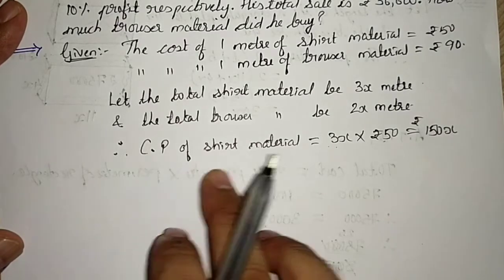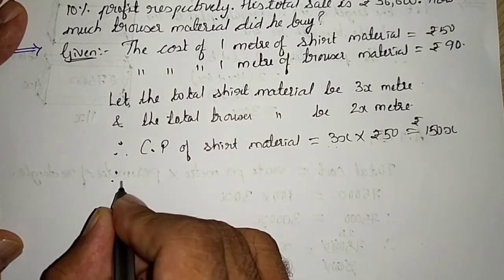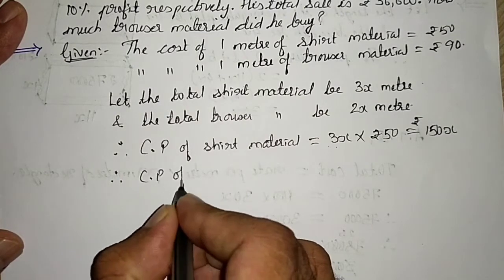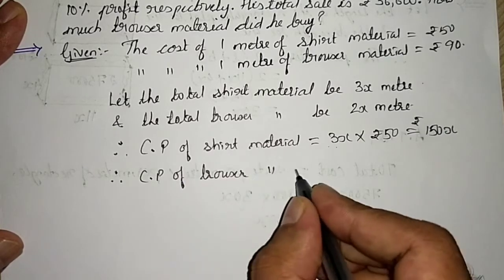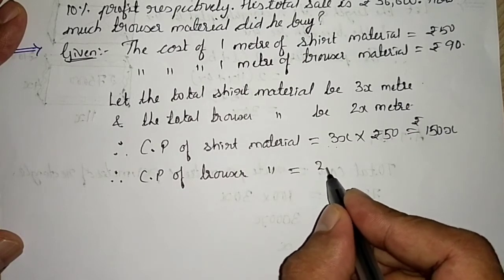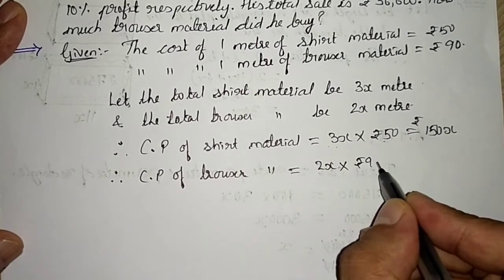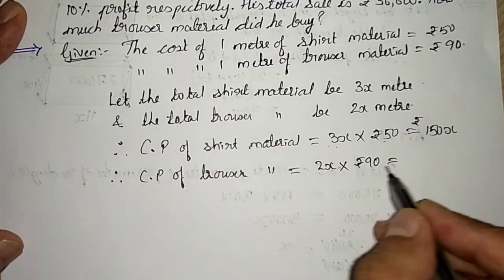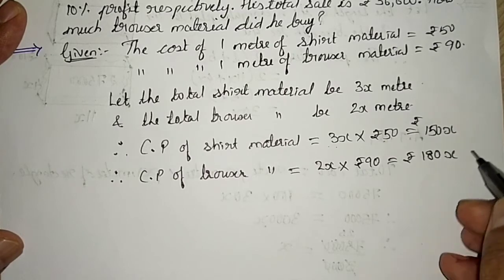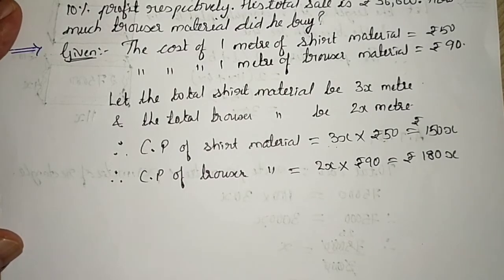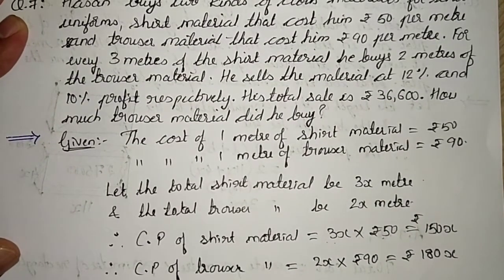That is the cost price of the shirt material. And what will be the cost price of trouser material? Total material is 2x meters and cost of 1 meter is 90. So its total cost price will be 180x, rupees 180x.